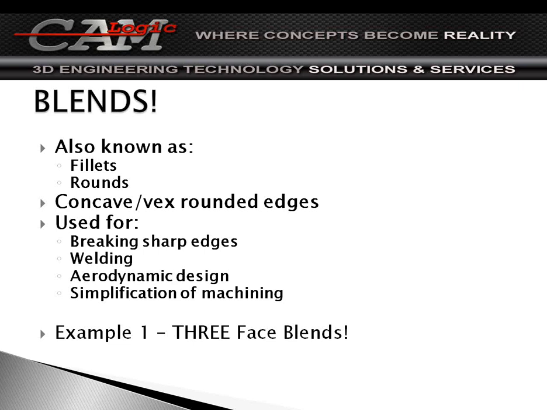So, blends. You might call them fillets, rounds. It depends on the software you use. They're all the same. It's a 3-dimensional round shape, or a convex concave rounded edge, normally on a part. And of course, they're used for breaking sharp edges. Sometimes they're used in welds.